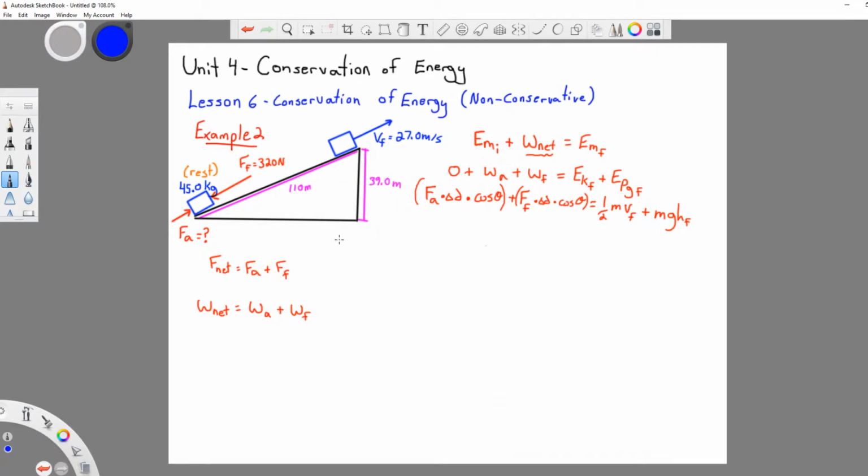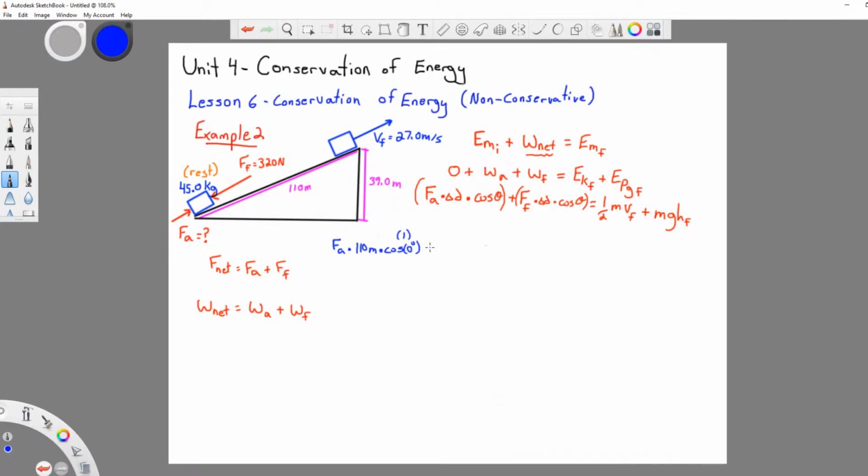So force applied times displacement, it's moving along this axis, so 110 meters, times cos of 0 degrees. There's 0 degrees difference from the direction we're pushing and the direction it's moving. They're in the same direction, so no difference. Cos 0 works out to +1.